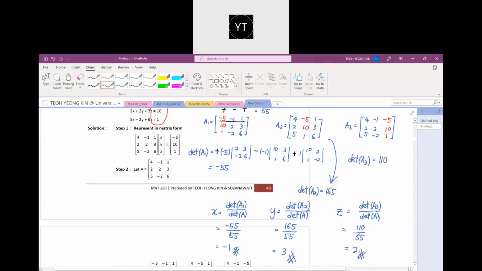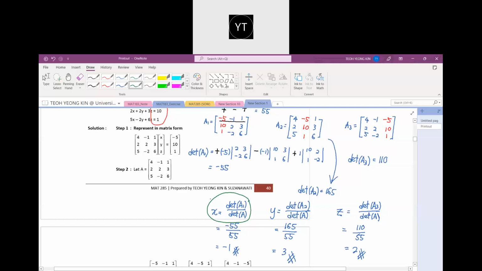And then this is the formula. Now come to the important part. X is determinants of A1 divided by determinants of A. Y will be determinants of A2 divided by determinants of A. And Z will be determinants of A3 divided by determinants of A. It can use X, Y, Z. The variables depend on the question.